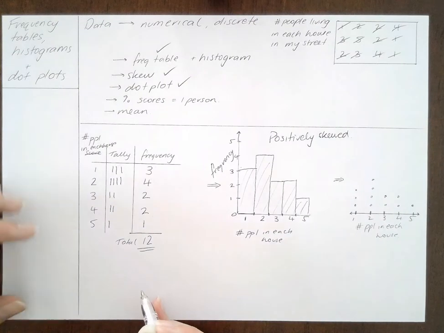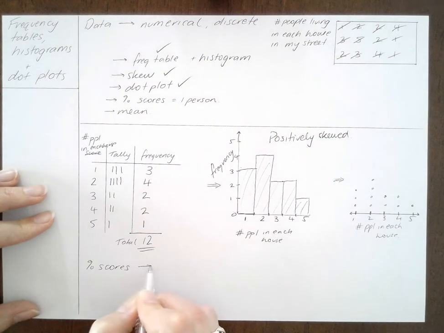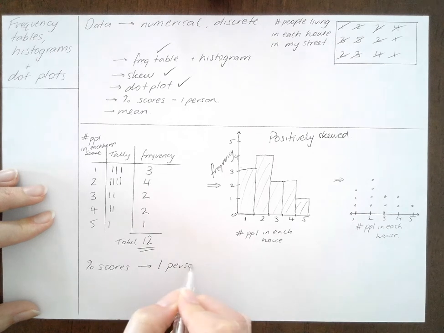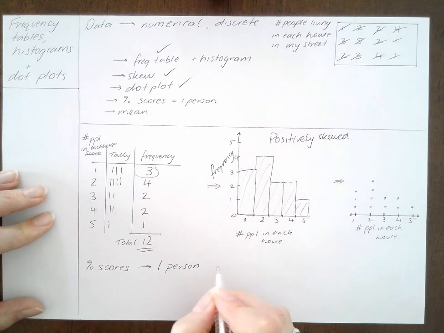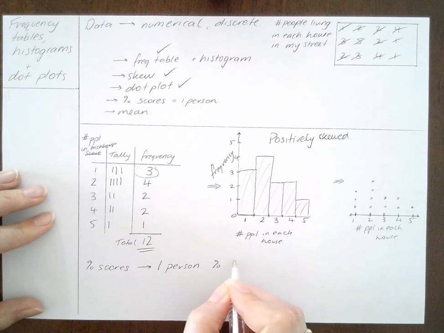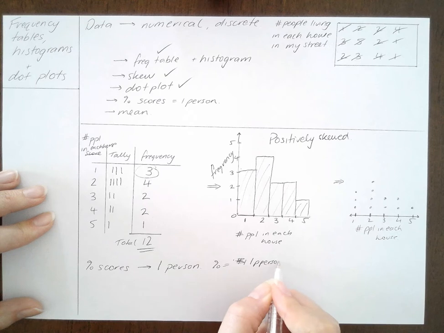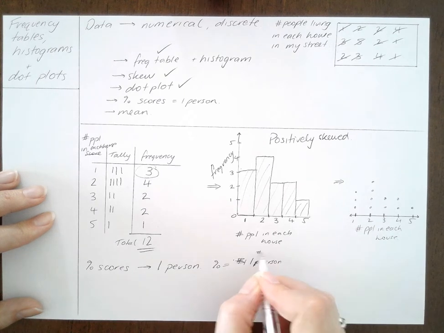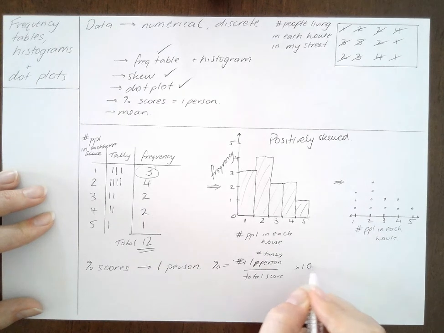We are now going to calculate the percentage of scores where there was 1 person living in there. We had 1 three times. So our percentage will equal the number of times 1 person happened, divided by the total scores collected, and we will times that by 100.